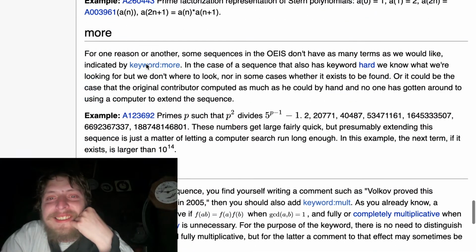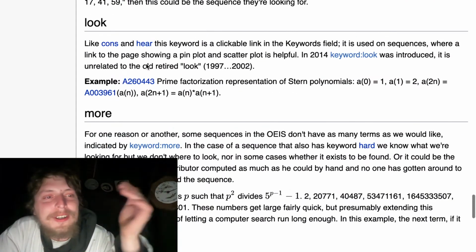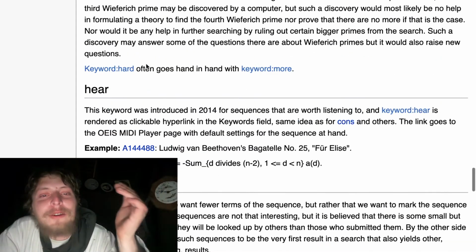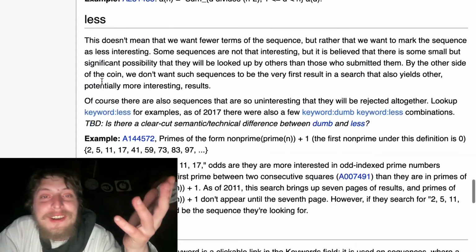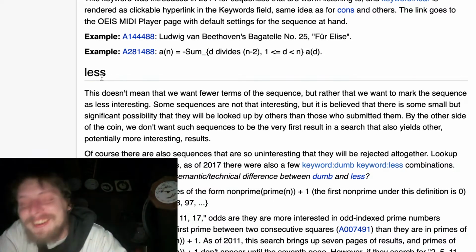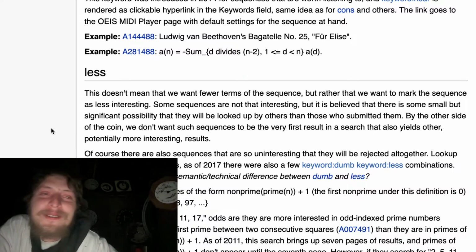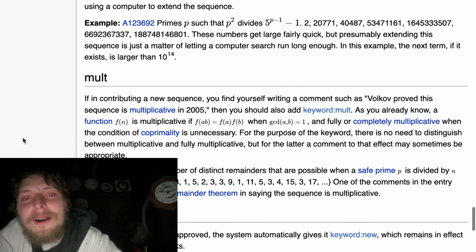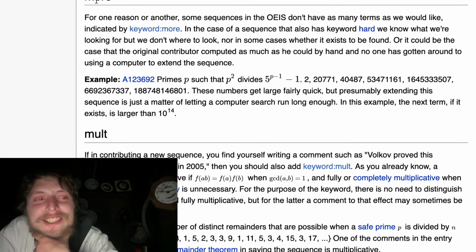More means, but this is weird. Less means less interesting, but more means want more terms. That makes it sound like either more means more interesting, or less means we want fewer terms. Dang it, we have too many terms. I hate when people submit new terms to this. But anyway, that's different ways of quantifying less and more, but it's okay.